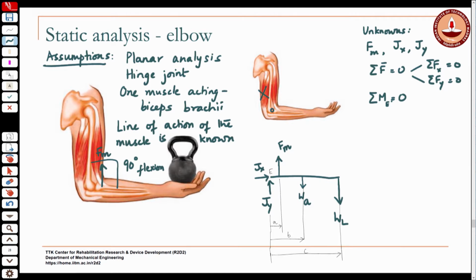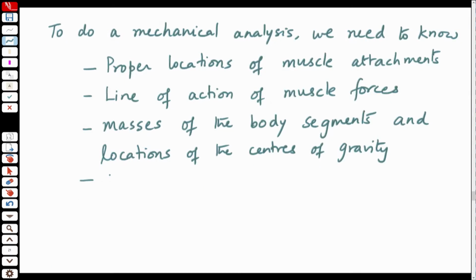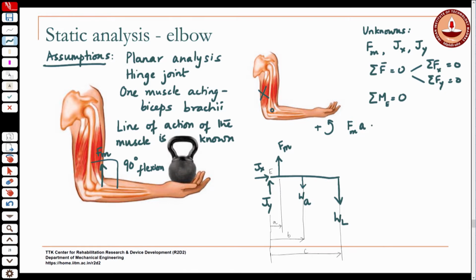If I take moments about the elbow, Jx and Jy are eliminated, so I have only one unknown. Let us say counterclockwise is positive. So, I have Fm A minus Wa into B minus Wl into C equal to 0.